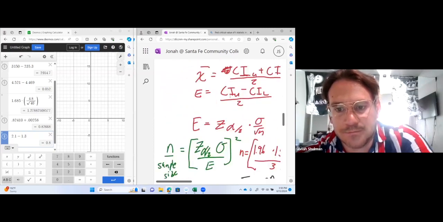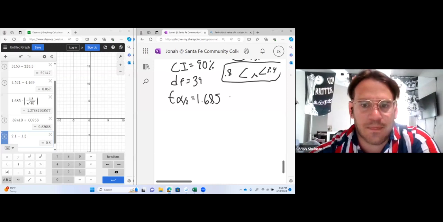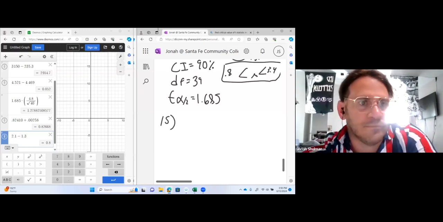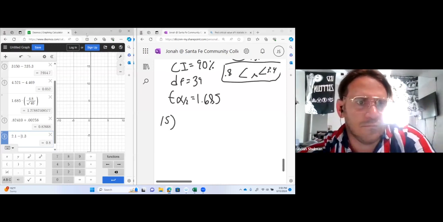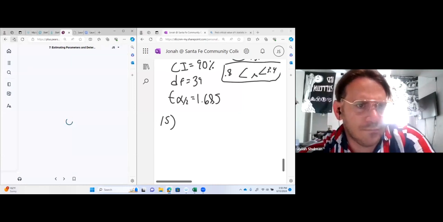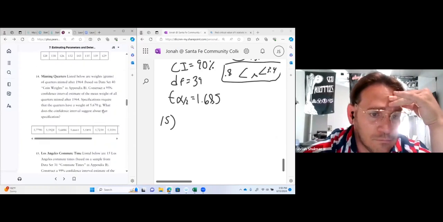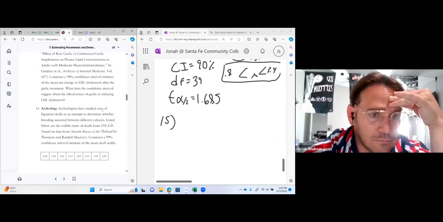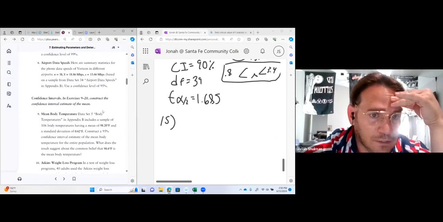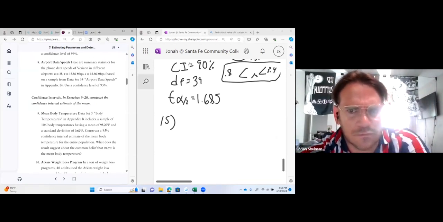Now let's look at 15. Again, 15 is construct the confidence interval estimate of the mean. We just did that.